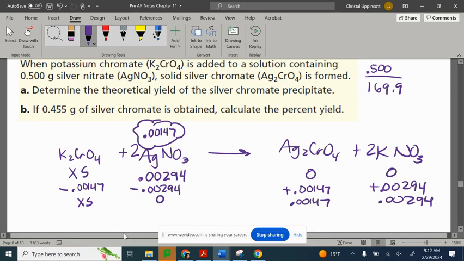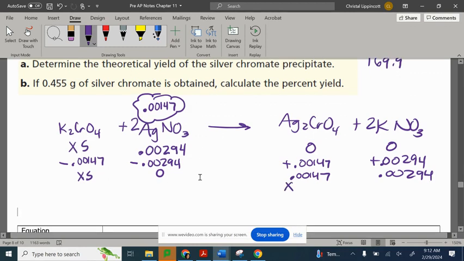So we need to figure out the theoretical yield of silver chromate. So what we're going to do is take silver chromate, which is here, and multiply by that molar mass. So silver 107.9 times 2. I need a chromium, which is 52. And I need to add in my oxygens. I've got 4 of those. All right.